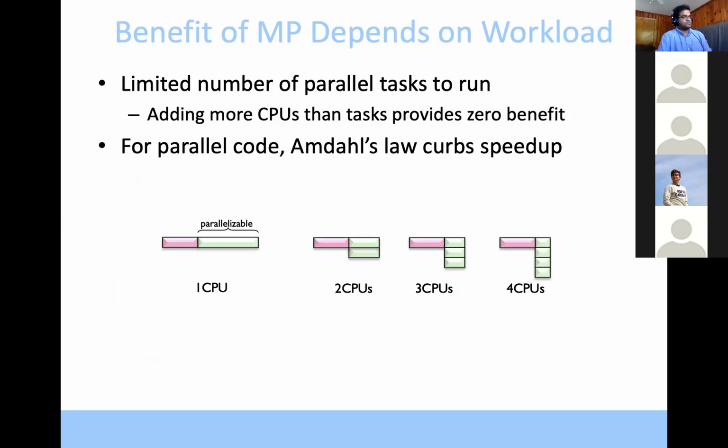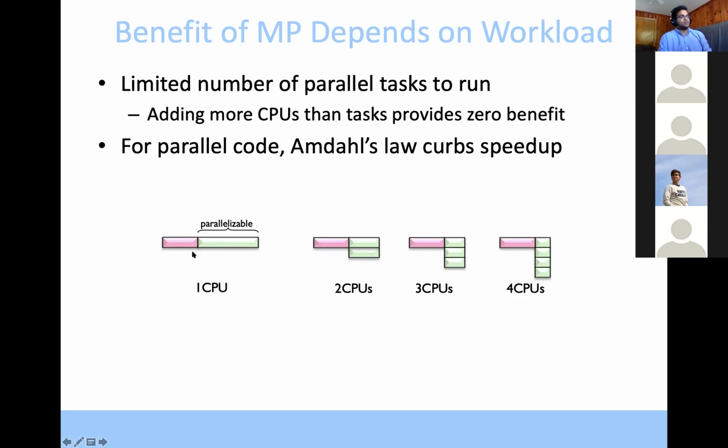And the other thing is, of course, that the benefit of having multiple processors also depends on the workload itself, right? So this is Amdahl's law. You guys remember Amdahl's law from the first lecture? It essentially states that the maximum speed up that you can gain from parallelism is dependent on the percentage of your task that is parallelizable, right?